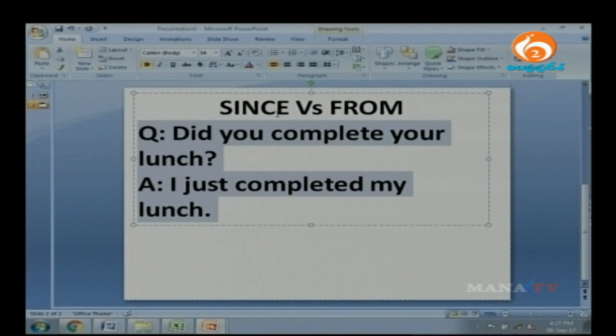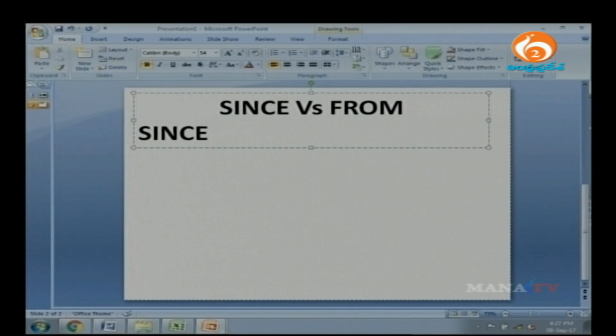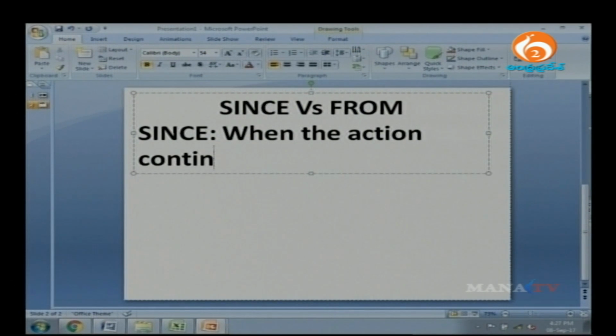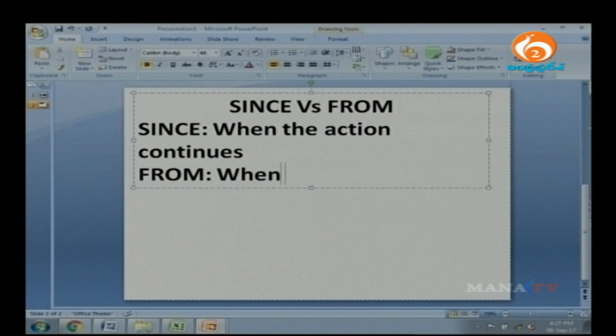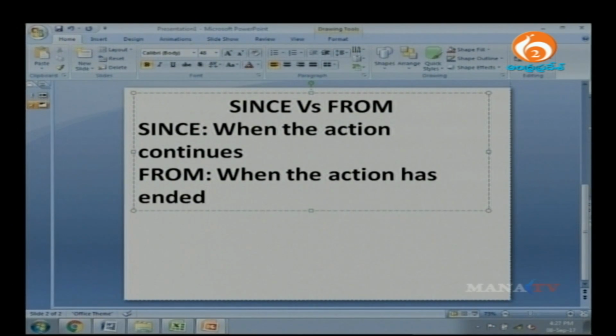You will use since when the action continues, and you will use from when the action has ended.